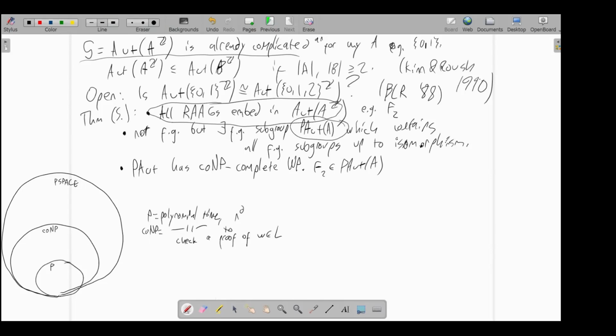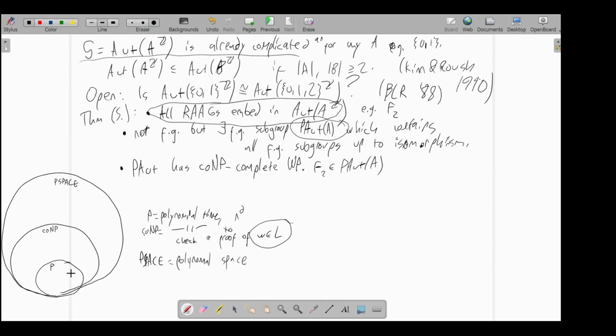So we say that a language, for example a word problem, is in co-NP if there's a polynomial time algorithm where you give some kind of witness or certificate, and in polynomial time you can check whether it proves W to be in the language or not. So obviously co-NP includes P, but it could in principle be larger. And then there's also PSPACE, which is polynomial space.